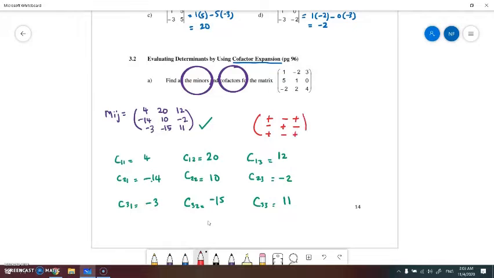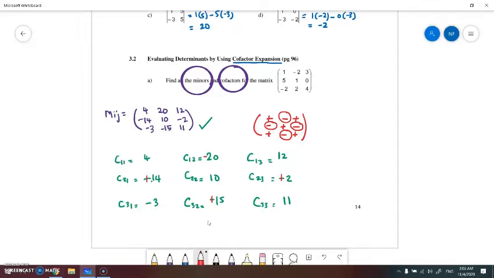Negative, positive. It will alternate positive and negative. So you can see that the only difference would be at this element. For C negative 2, C first row second column would be negative, and then this one would be positive, this would be positive, and this one will also be positive.